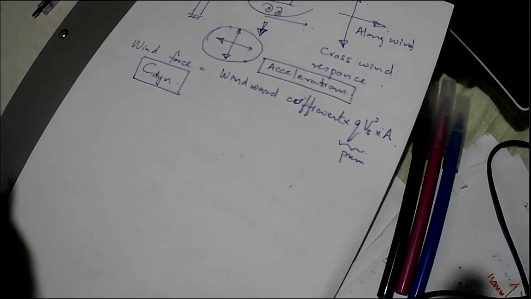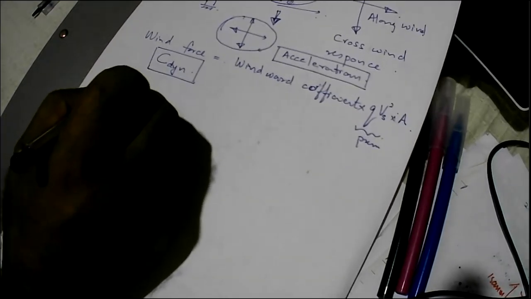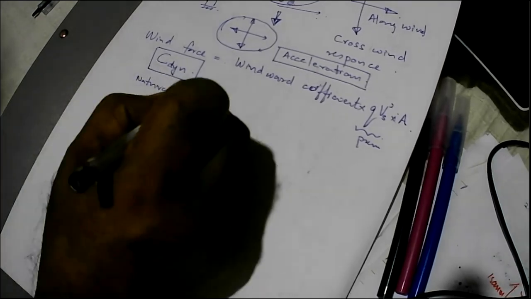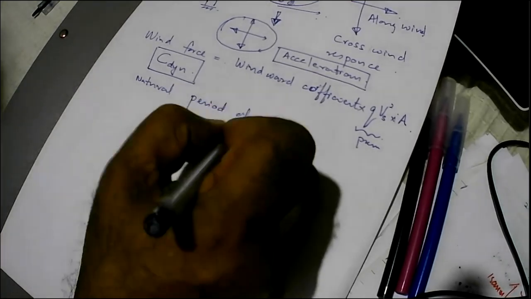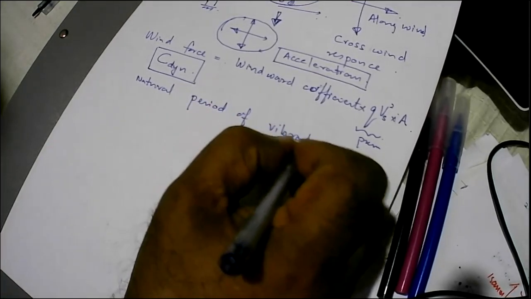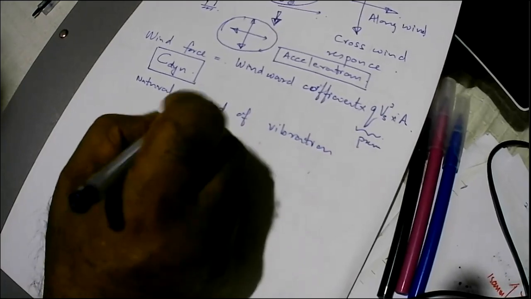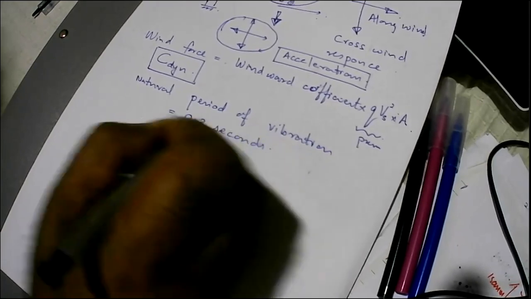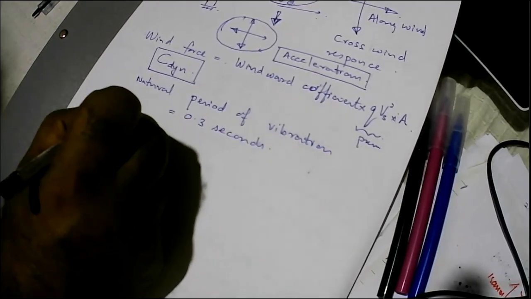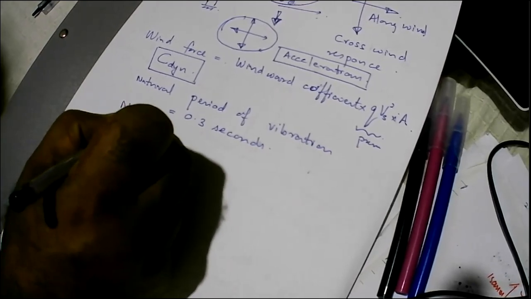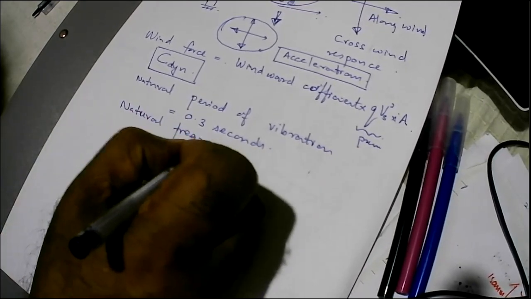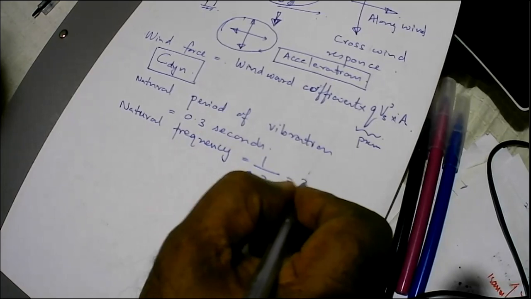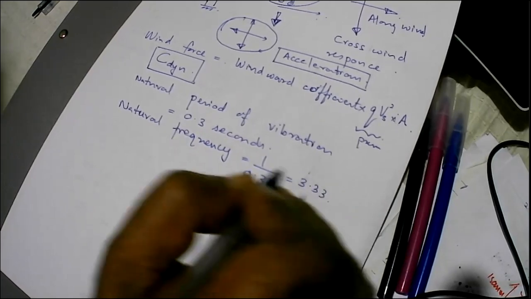So if the building has a natural period of vibration of, let's say, 0.3 seconds, then the frequency will be 1 over the natural period, which is 3.33.